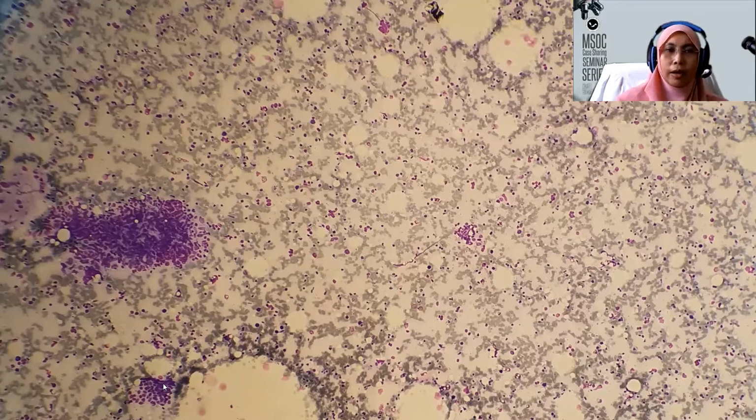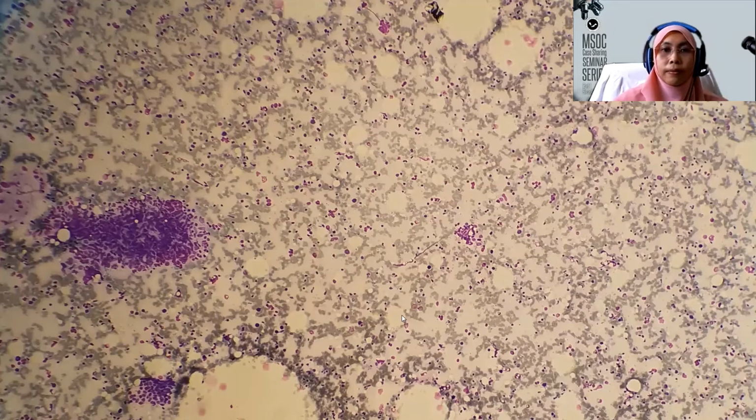It doesn't look like typical ductal cells. Okay, these aggregates may be ductal cells, we don't know, but there are a lot of single cells. It looks like bare nuclei, but some are larger than the others.